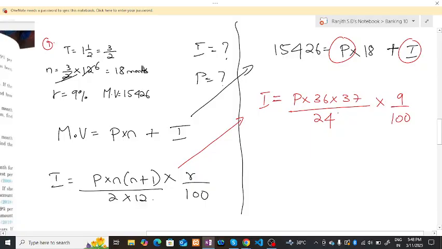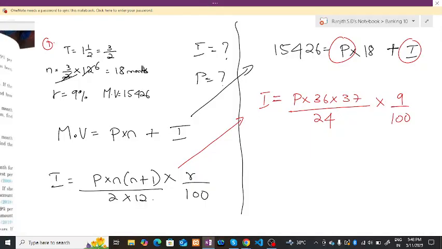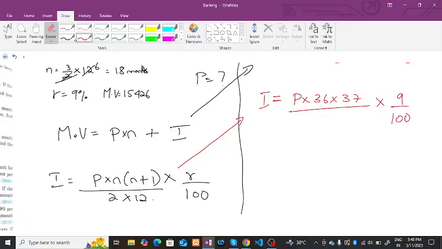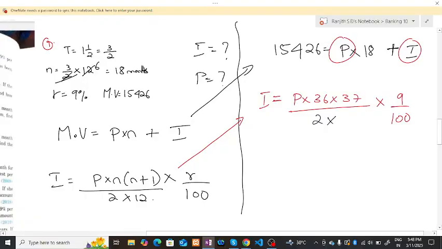Reduce everything. What do you get? 2 into 12, right? I made a mistake.